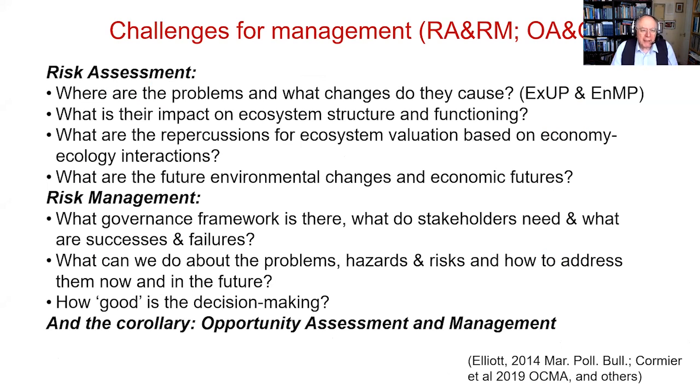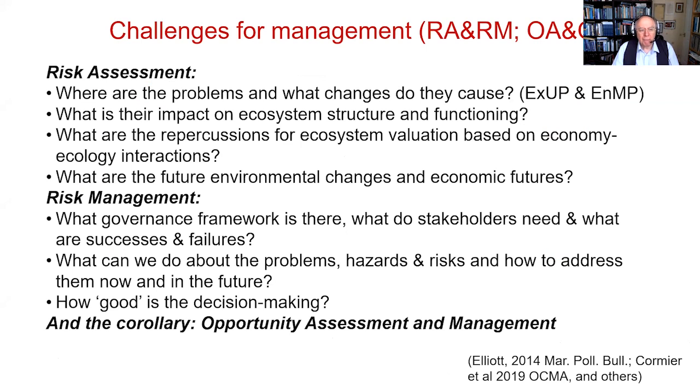So the next point in all this is when we look at the problems that go from the land into the sea and the solutions, in essence, what we're doing is risk assessment and risk management, which is exactly the same if you were running a company.